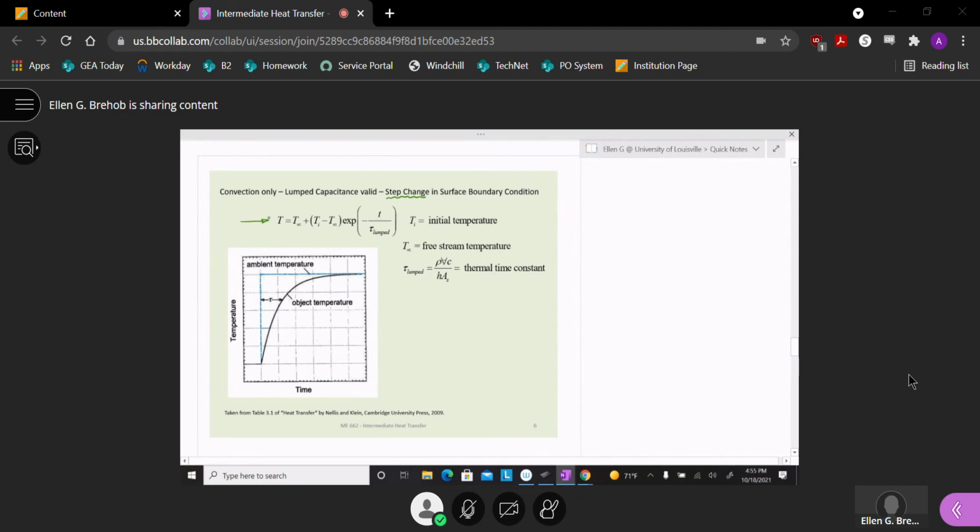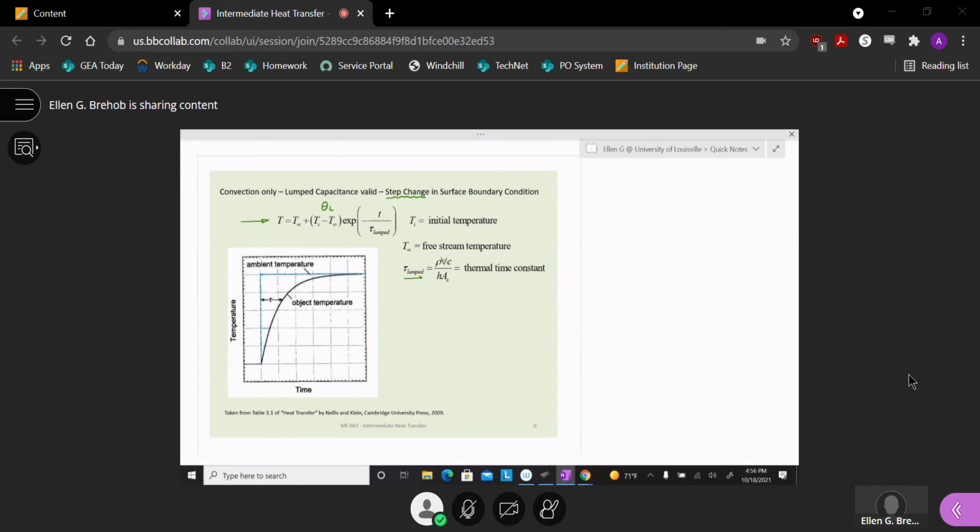And here is another way to write the equation that I have previously been working with. So this would have been theta i in my notation. And the other thing that gets added is a thermal time constant, this combination of terms: rho volume over, here it's a C, but hopefully you're still thinking specific heat, over heat transfer coefficient times surface area.